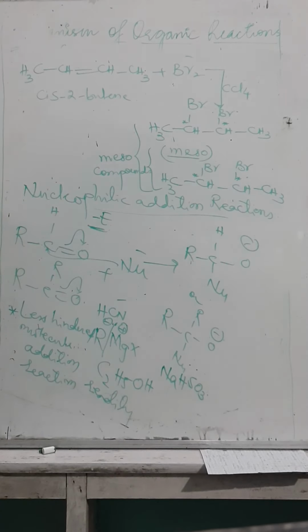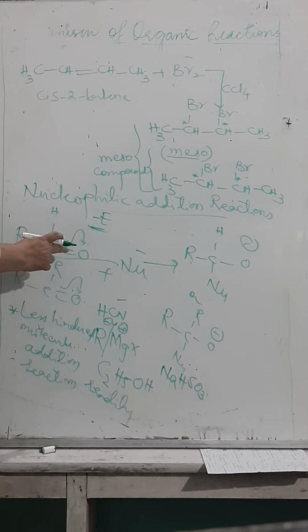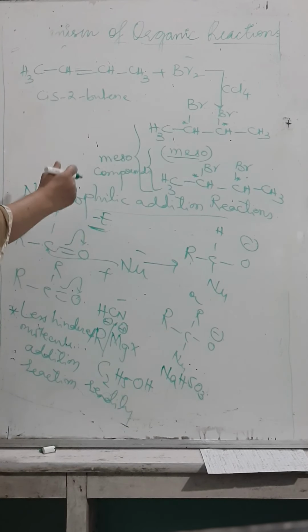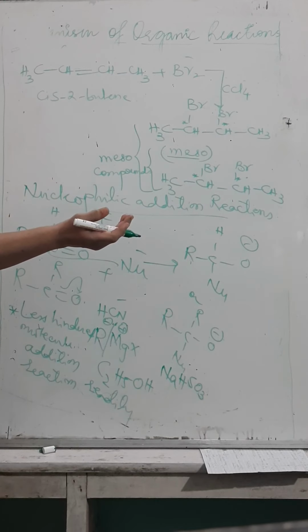Whenever the molecule is less hindered, it undergoes addition readily. Less hindered means a smaller molecule around the carbonyl group, which will undergo addition reaction more readily than a more hindered one.